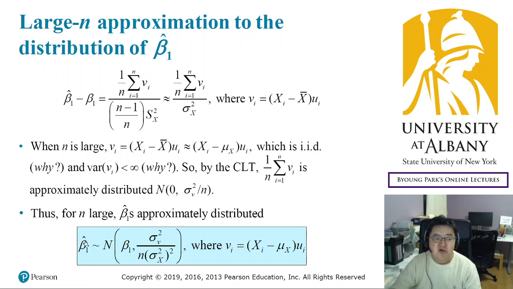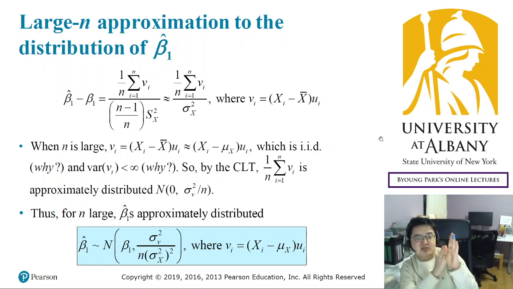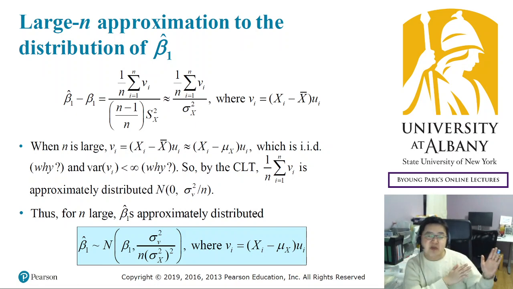Beta hat, your estimator, will be normally distributed, centered around the true parameter. Which is nice, so on average your estimator is correct. It is neither overestimating nor underestimating. So the sampling distribution is correctly centered at the true parameter.